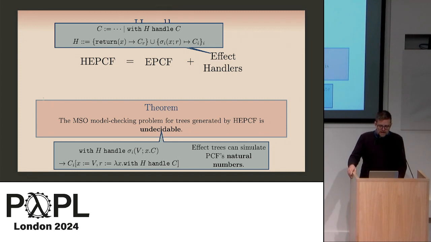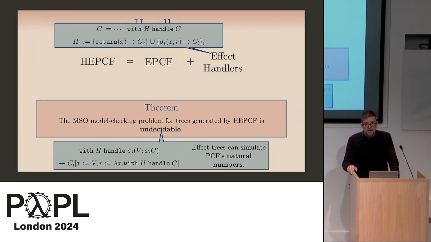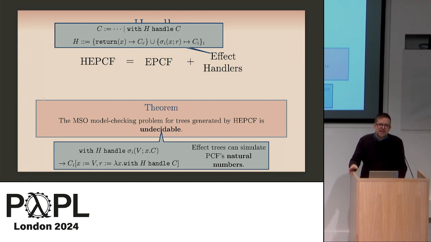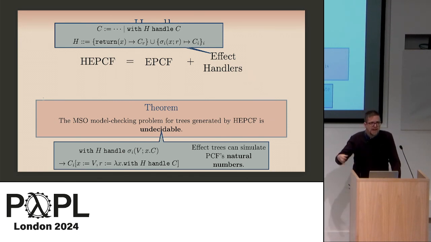And in particular, this allows you to simulate natural numbers as from Plotkin's PCF by way of effect trees and handlers. What is particularly challenging here is not really simulating natural numbers themselves, but simulating tests for equality, tests and pattern matching on natural numbers.